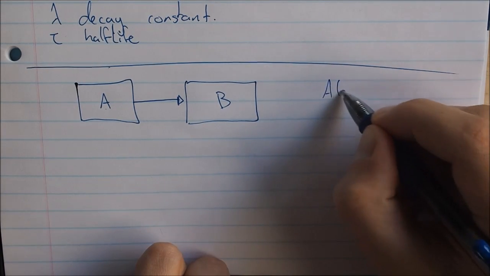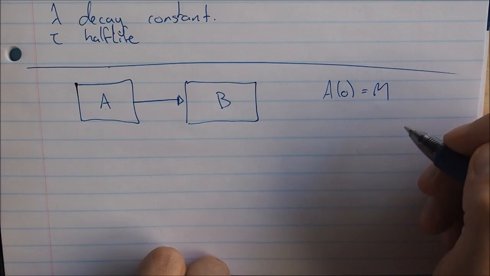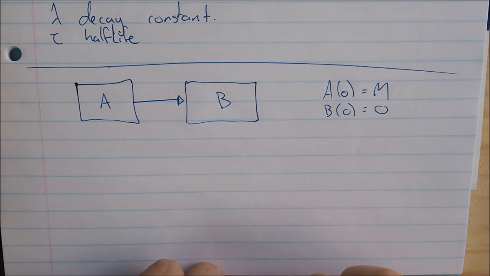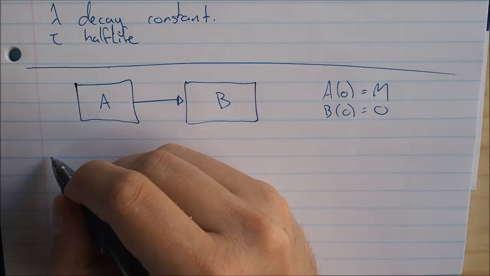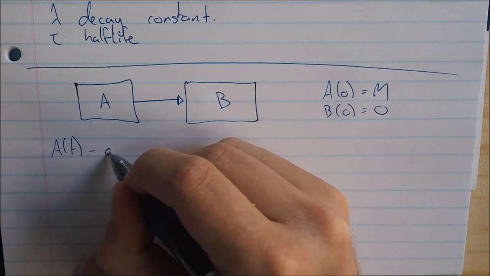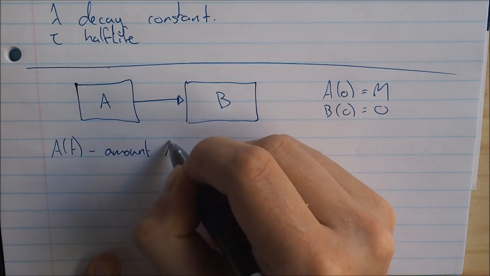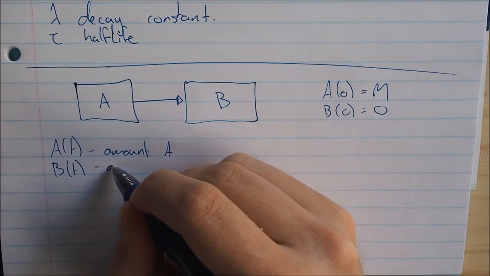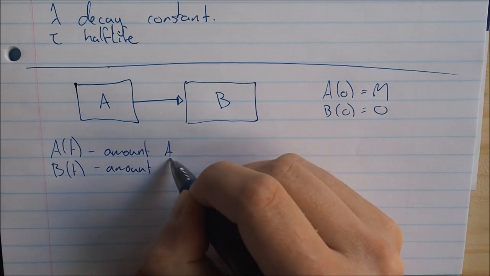And initially A(0) is equal to m, so there's m grams of it, and B(0) is 0, so there's 0 grams of it. So A(t) denotes the amount of A and B(t) denotes the amount of B.